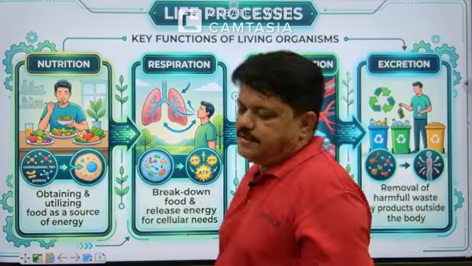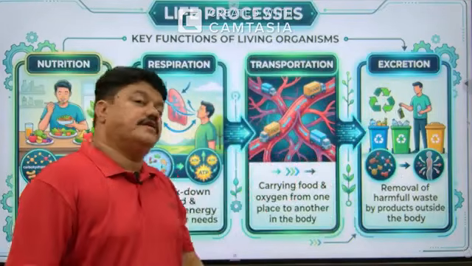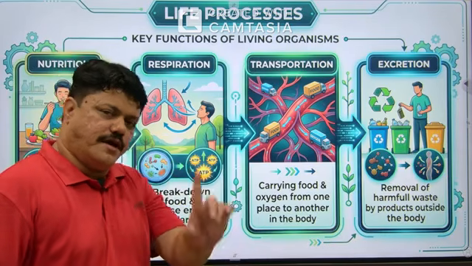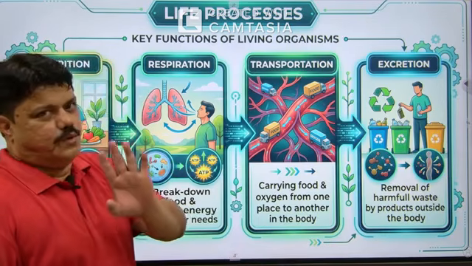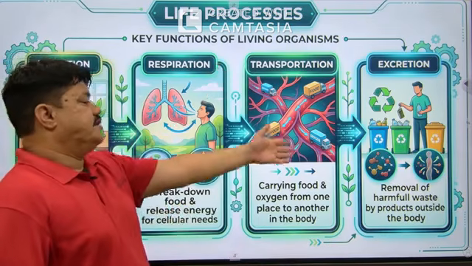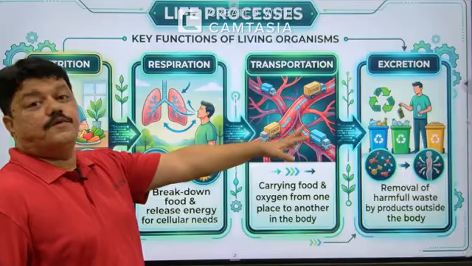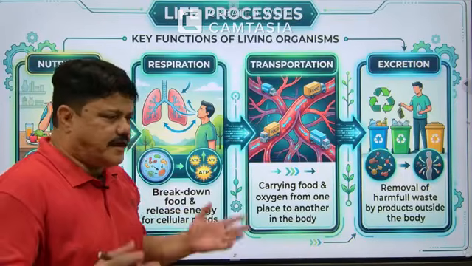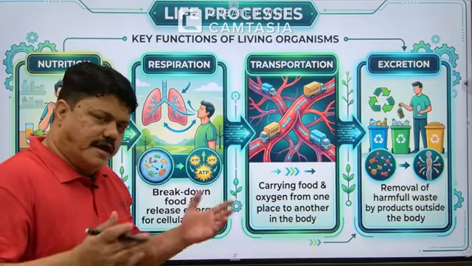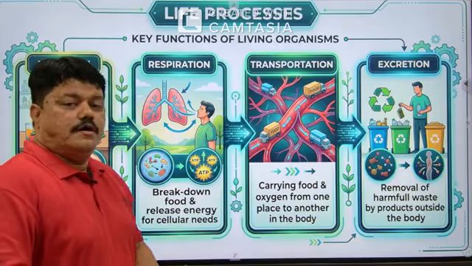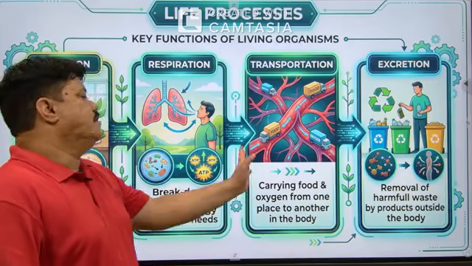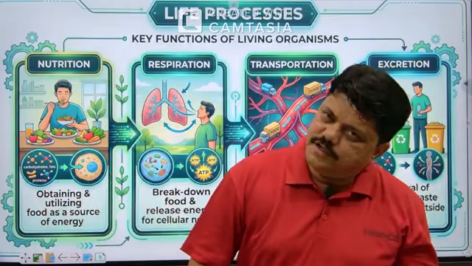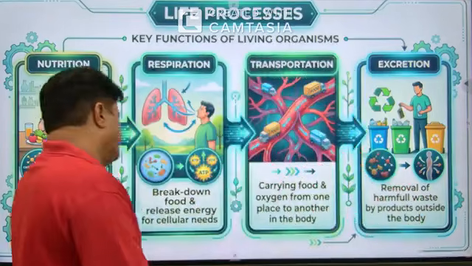All these processes are called life processes. Each and every process is a must for living organisms to sustain. These waste byproducts are poisonous and can harm our regular life cycles, so removal of such byproducts outside the body is called excretion.